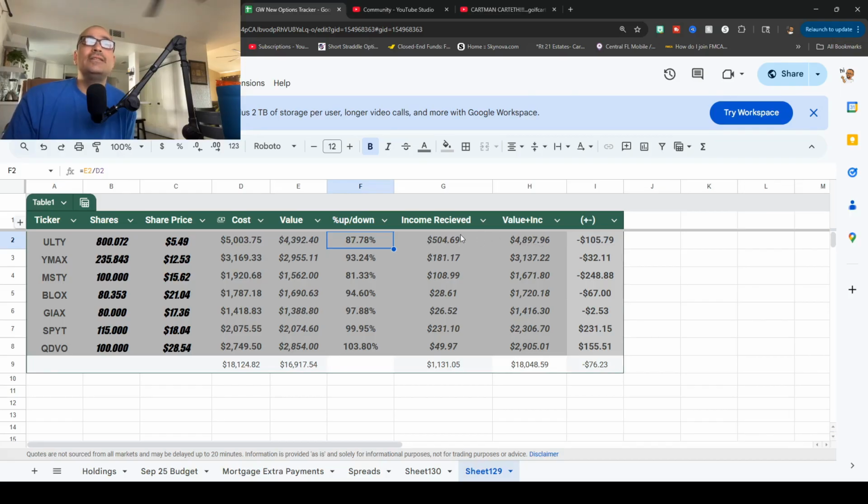So value plus income: current value plus the income received would be your total return, $4,897.96. Now this is 2 months. So we are down $105.79. What the gentleman is asking is, what are you combating? Why would you need to reinvest, and how much?